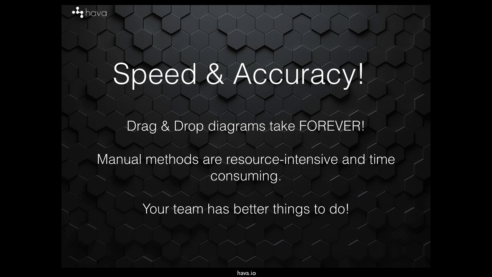Then of course every time you change a resource, you've got to go back to the manual diagram, update it, do some version control, and so on. So having automatically or manually synced automated diagrams just removes that. It saves absolutely hours and days, and it's massively resource intensive. And if you were like our guys, they've got way better things to do.